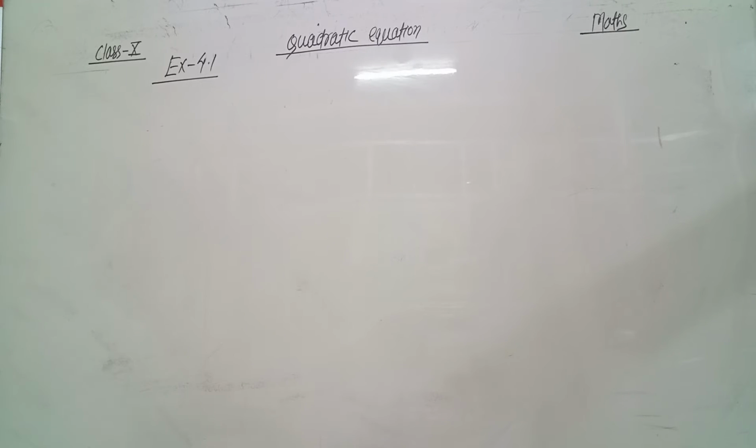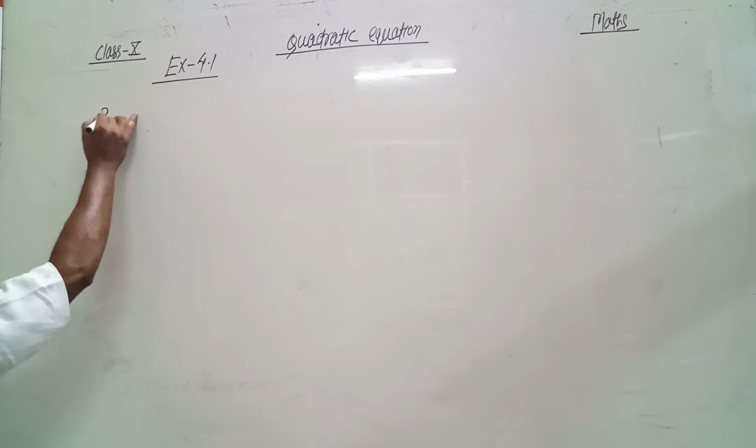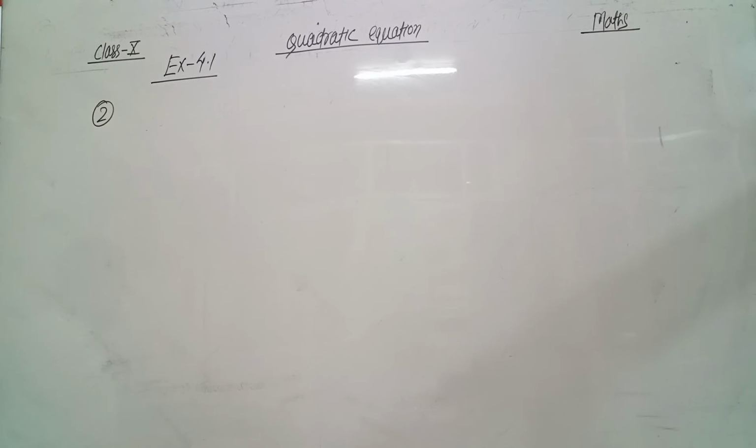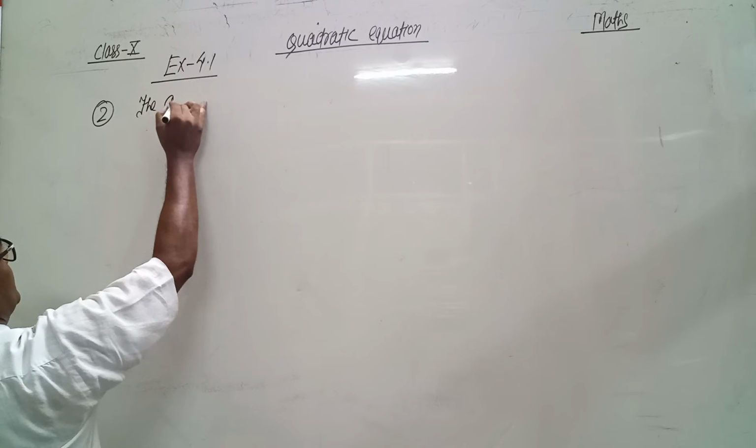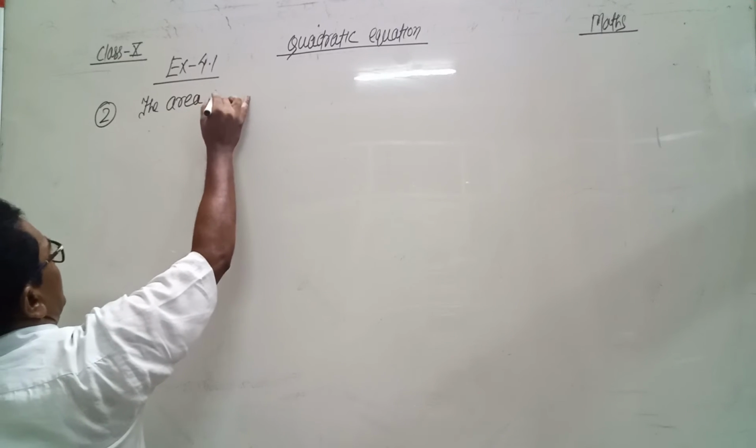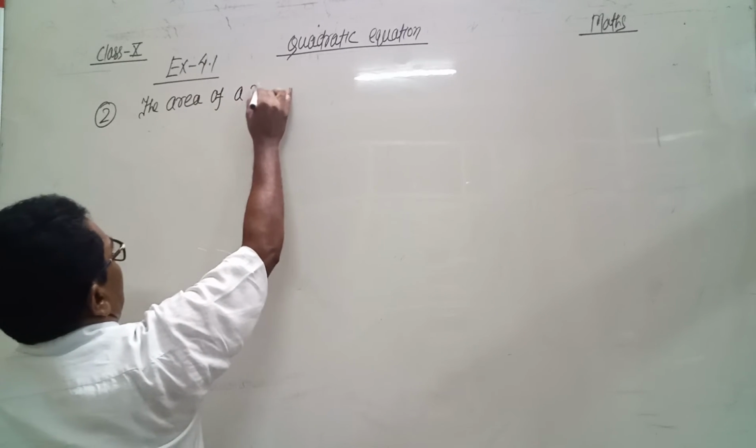See question number 2. In this, represent the situations in the form of quadratic equation. The area of a rectangular plot is 528 meter square.